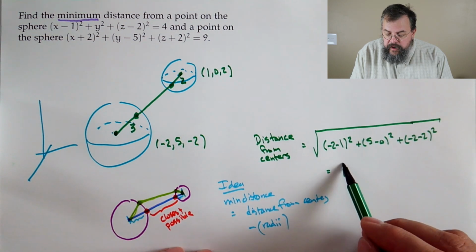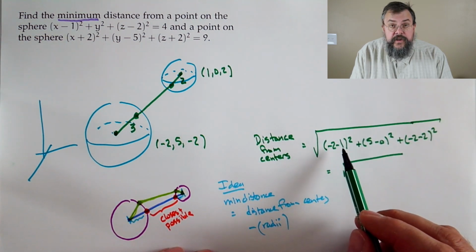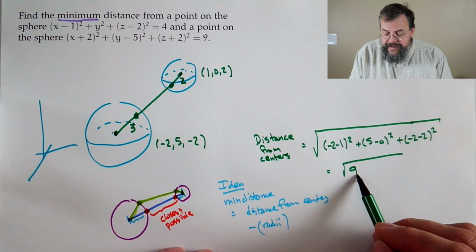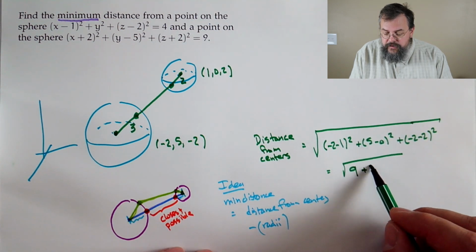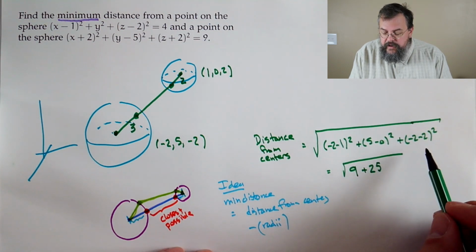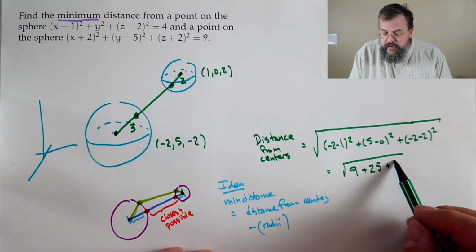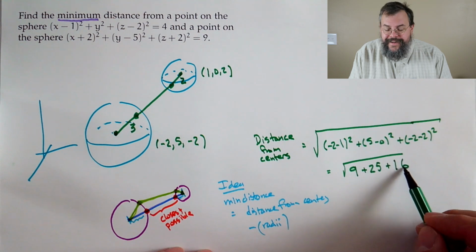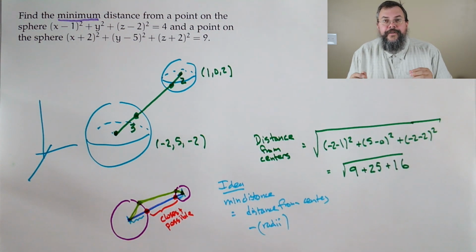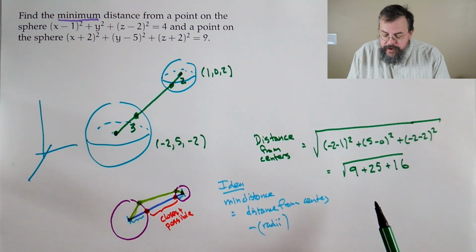So that's the square root of, that's -3 squared, 9, 5 squared, 25, and let's see, 4 squared. No, wait, that's not it. 16, 4 squared.